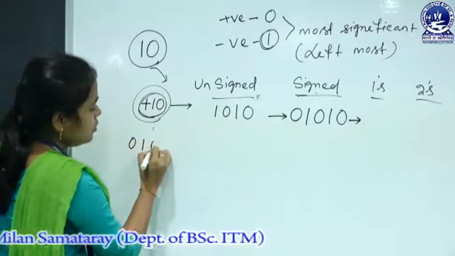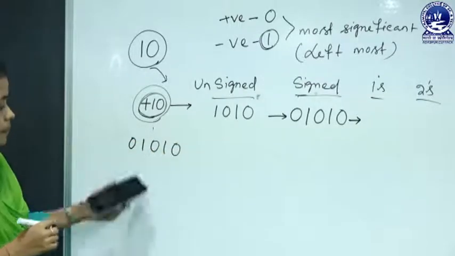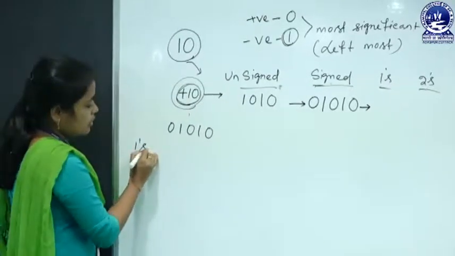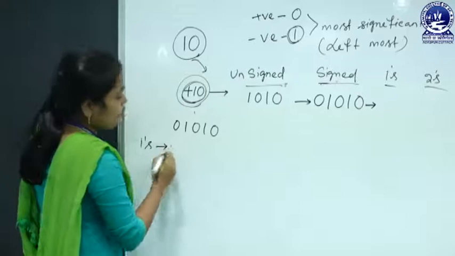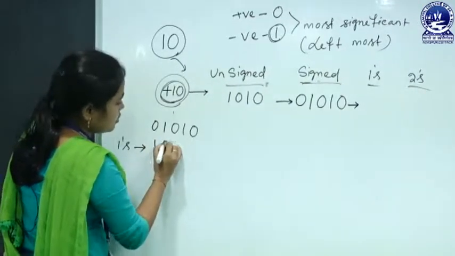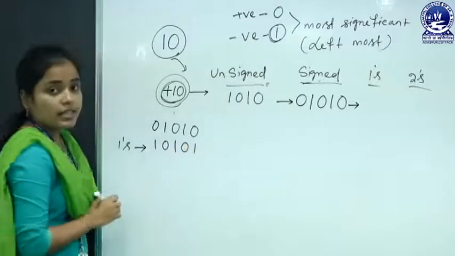You just have to invert each bit. That means, to calculate the ones complement, you have to invert each bit. That means it is 1, it is 0, it is 1, it is 0, it is 1, like this.